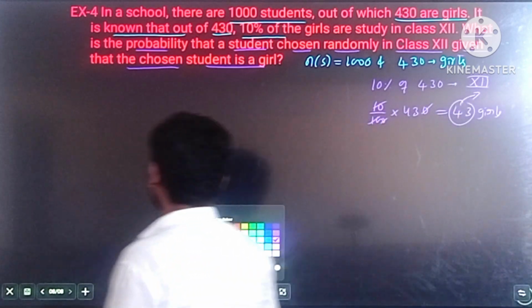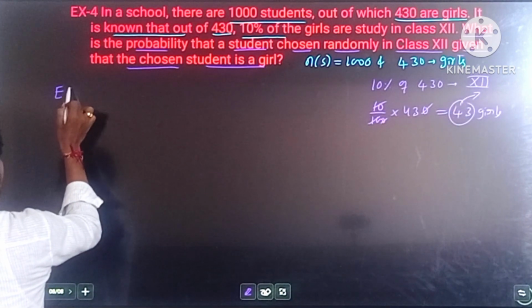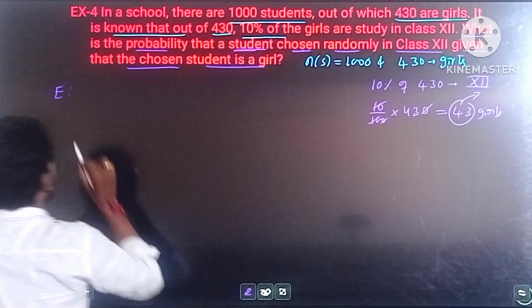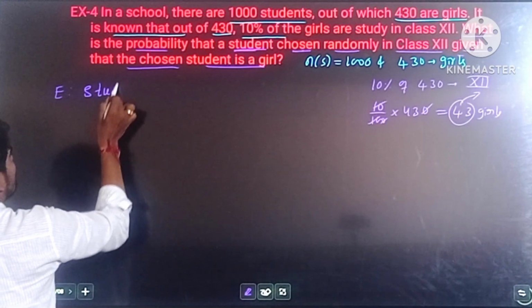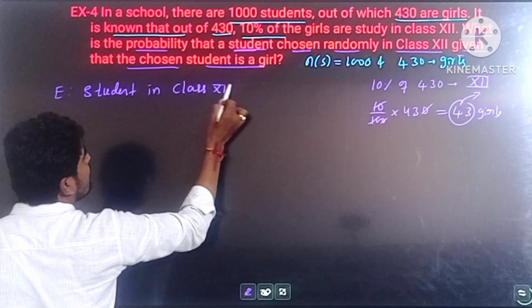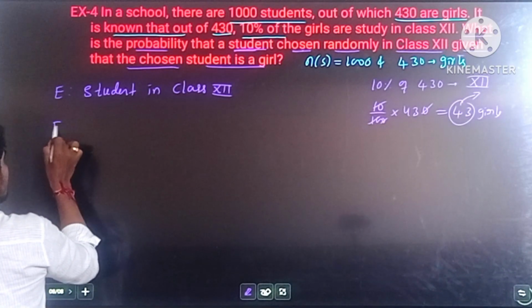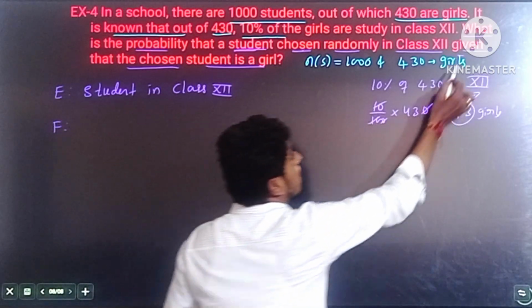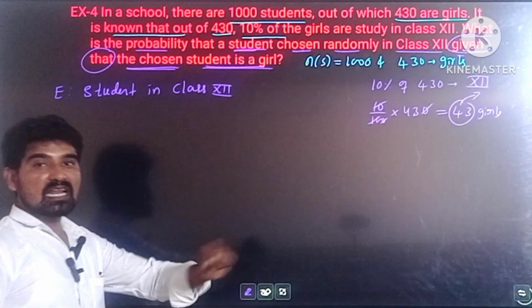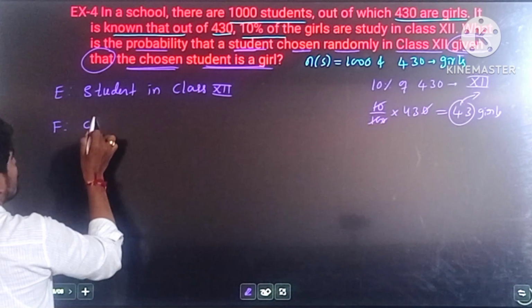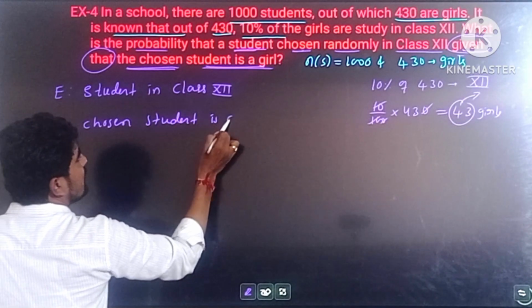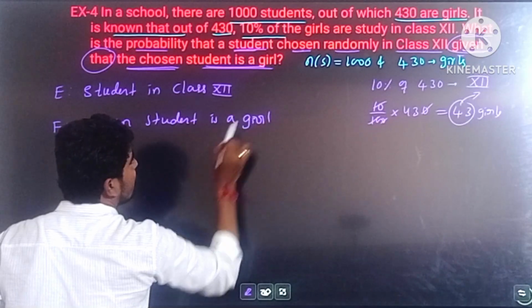So the calculating event E is that the student chosen is in class 12, and the given event F is that the chosen student is a girl. I hope all of you are understanding.